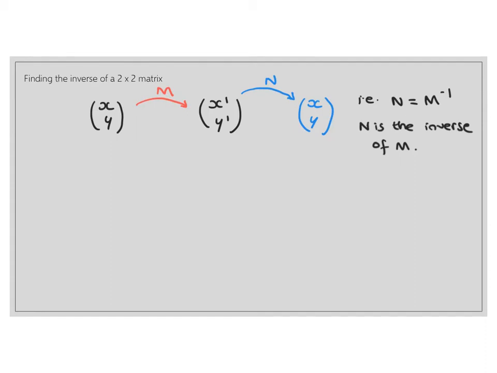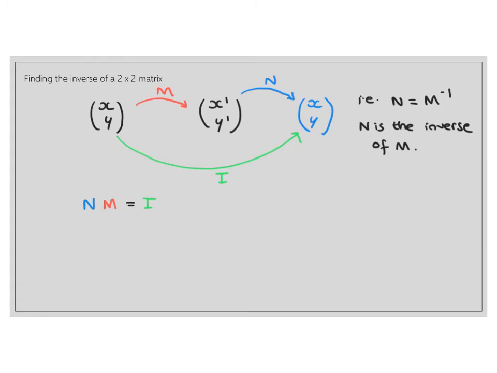But let's look at this overall transformation that takes us from here to the same result. Well, what did we just say? If you apply the identity matrix to a pair of coordinates, you will get the same pair of coordinates. If you apply the identity matrix to any matrix, you will get the same matrix. So this tells me that the combination of M, remember M was applied first and then N was applied second, so it's that order, MN, must be equal to the identity matrix I. But what did we say about the matrix N?